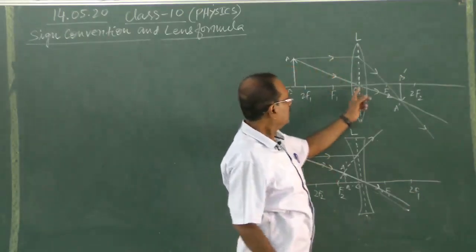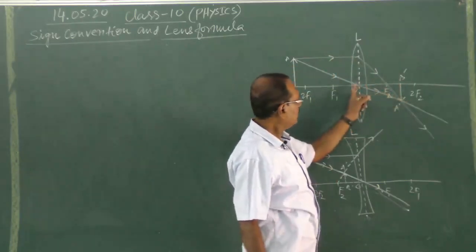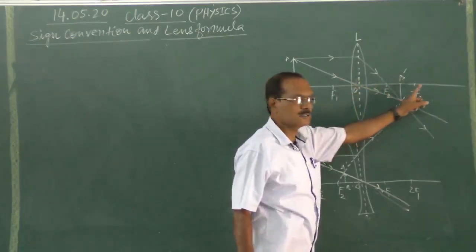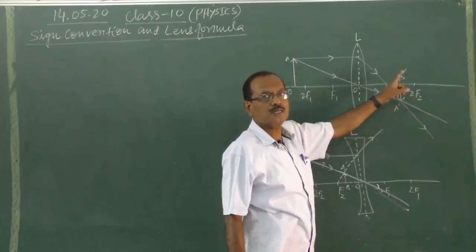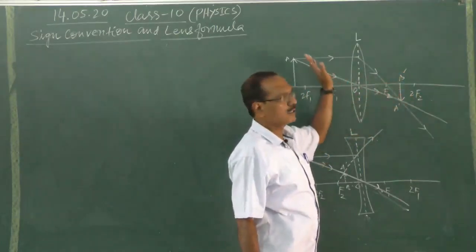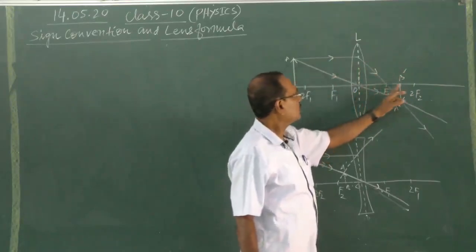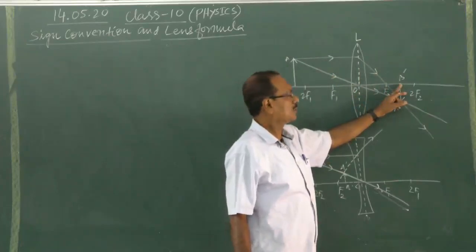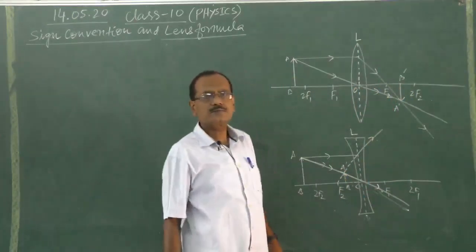Yes, here the distance of image will be taken from O to B dash in this direction. So this is along the direction of incident ray. So then it will be positive. Distance of image will be taken positive.